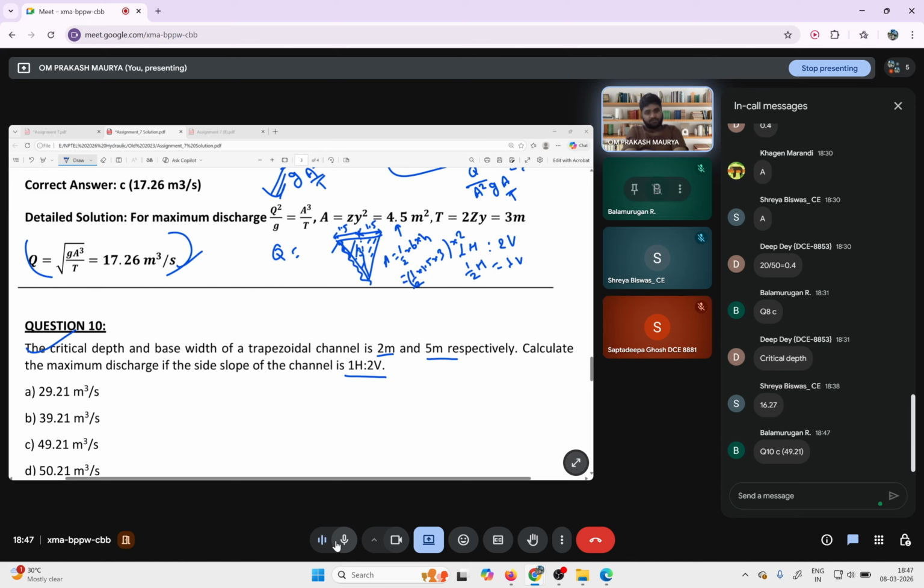Okay, so Bala is telling 49.21 means option C is correct. Fine. Other student, please also try to write your answer for question number 10.